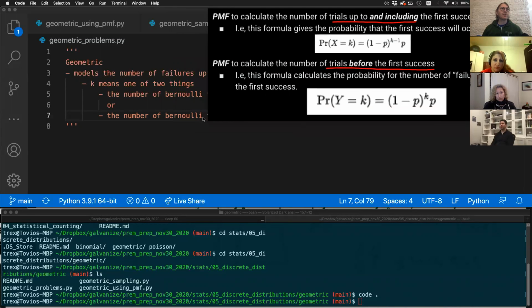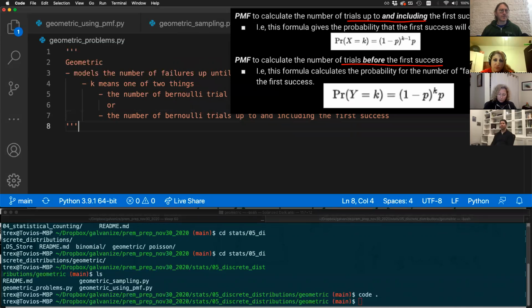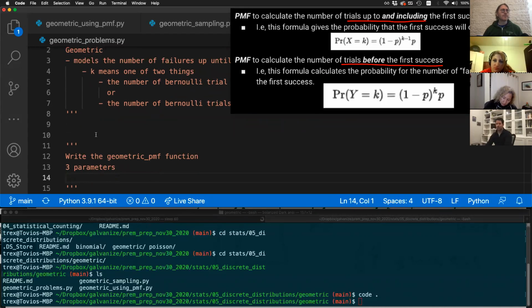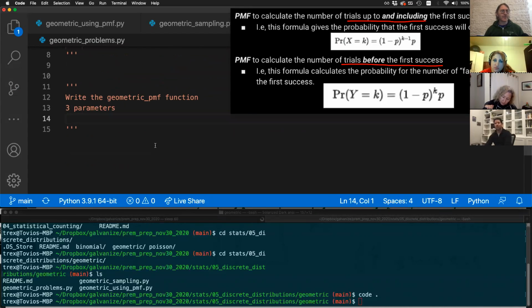So we'll start this off with some coding, and I'm going to have you write the geometric PMF function. There are going to be 3 parameters that you define for this function. One is the probability, p.